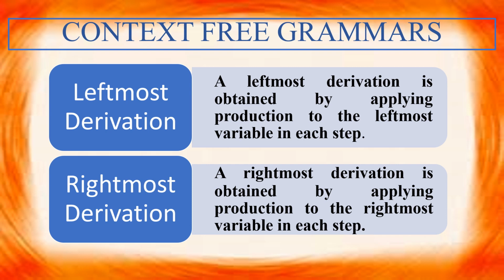Leftmost derivation is obtained by applying the production rule to the leftmost variable in each step, step by step, until we get the final string. In the same way, rightmost derivation means we apply the production rules to the rightmost variable in each step.